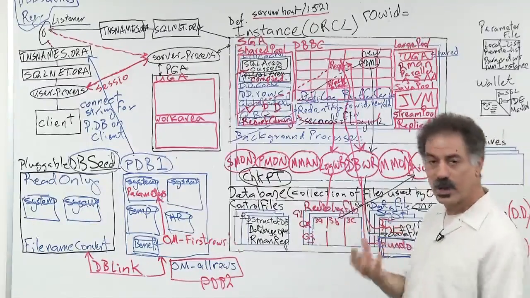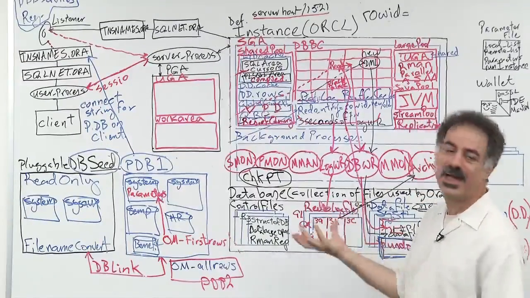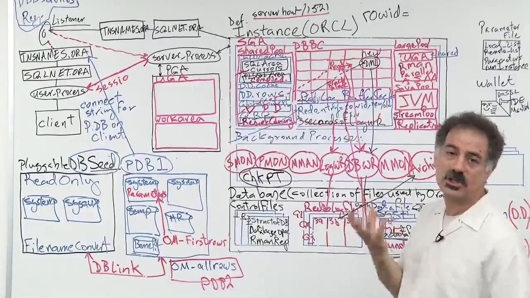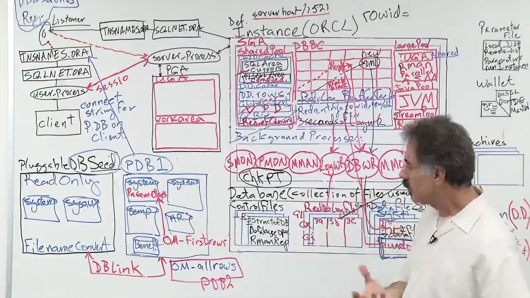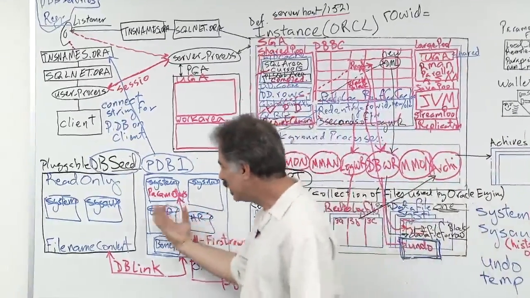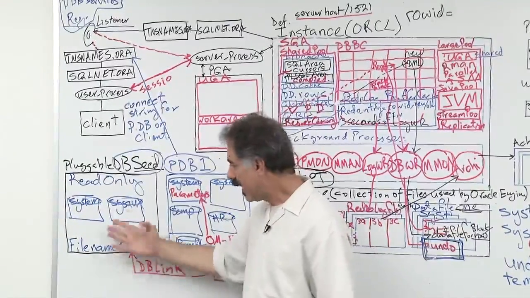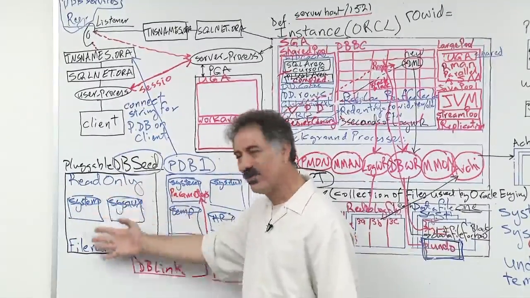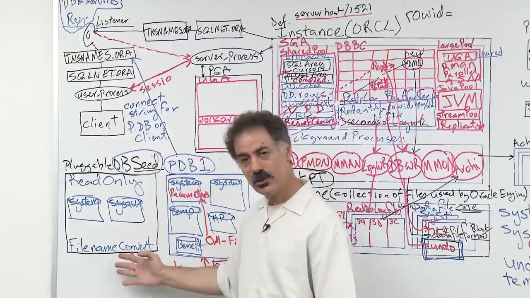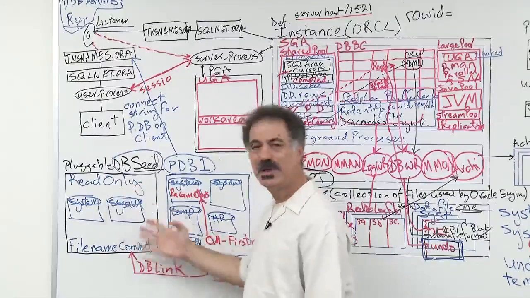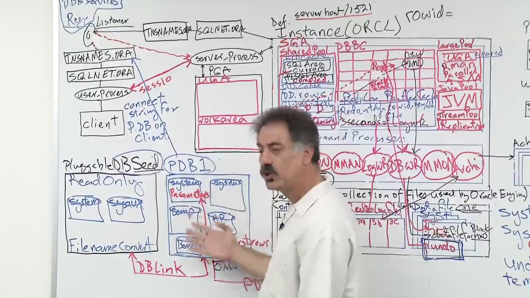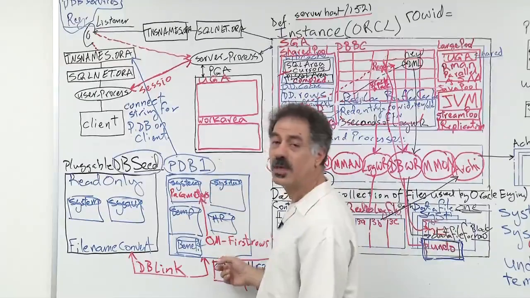Then the pluggable databases, again, manage schemas, they manage a set of related objects. Therefore, I have independent containers with the DB file name convert. We have specification of where these files are located and managed. And then for each PDB, we have its own associated files in their own location.